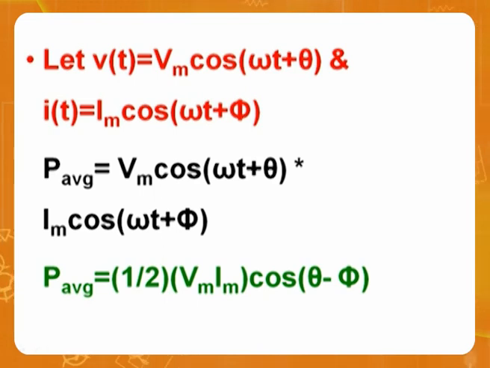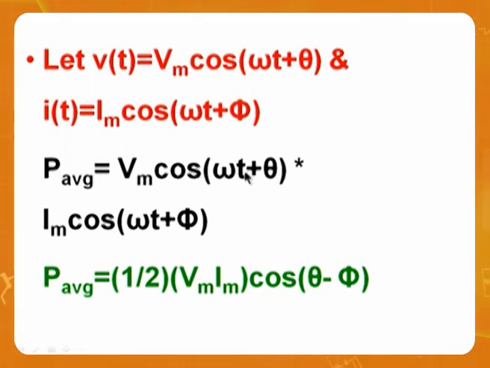Let us assume v of t is Vm cos(omega t plus theta), and i of t is Im cos(omega t plus phi). I deliberately took these two because you cannot take the same angle now. You can call them theta 1 and theta 2, or the best way is theta and phi. Now what will be the average power?